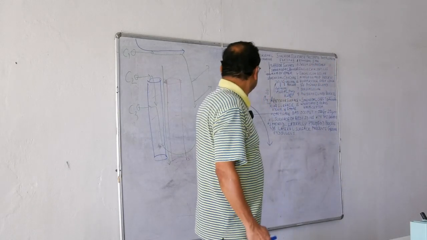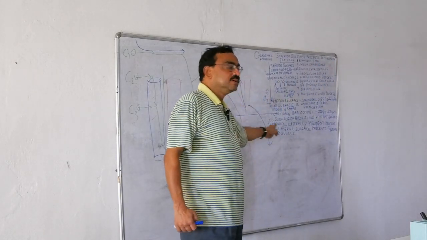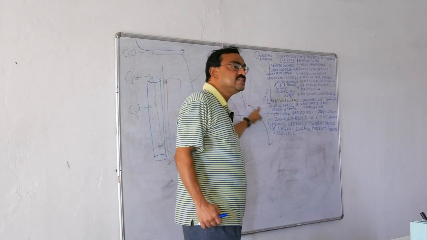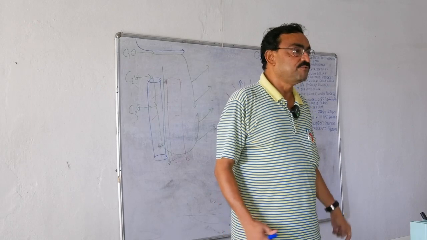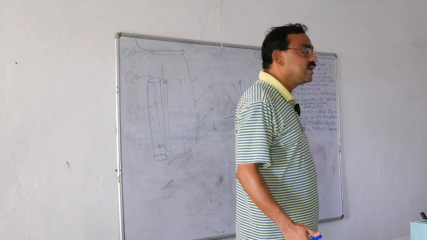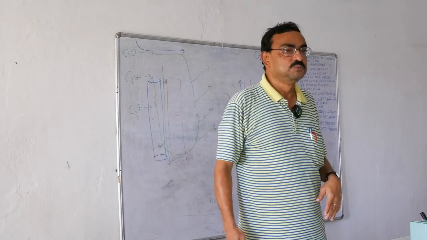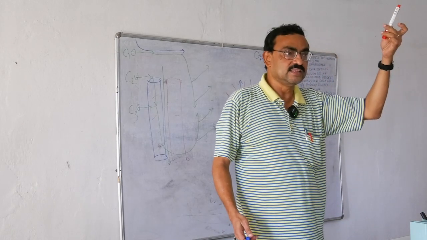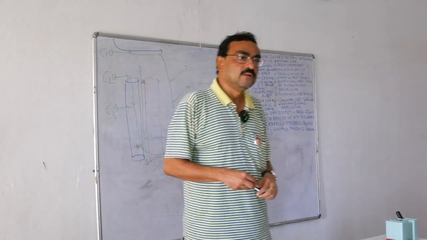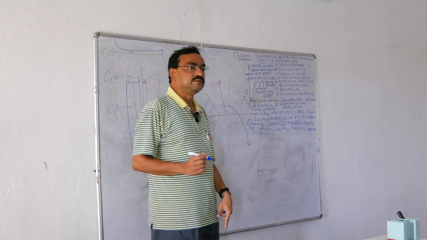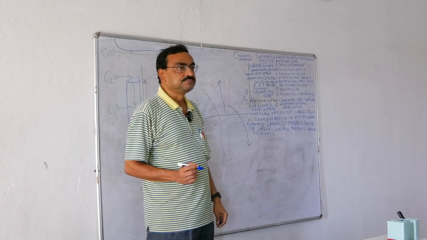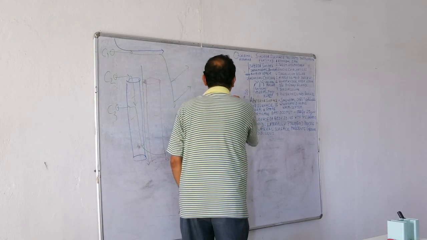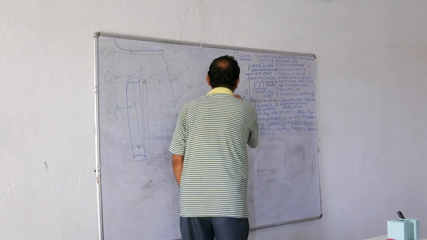Nowadays, it has been claimed, no, the first branch is the superior thyroid artery. Unfortunately, I am showing all this artery with the blue because there is nothing in the red pen. So, this is the superior thyroid. This is the ascending pharyngeal artery. Then as it goes up, we will get another artery.